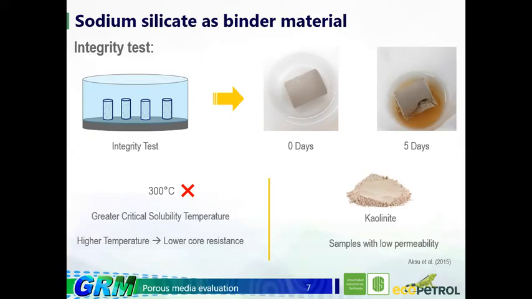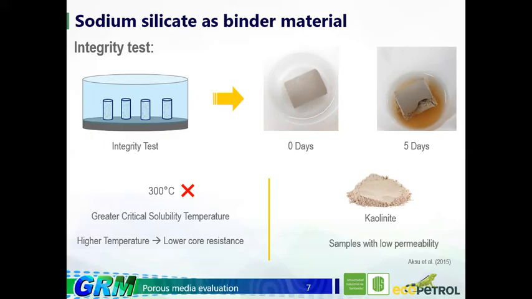However, a higher temperature could give a lower core resistance in the UCS test. In the literature, it was found that sometimes the use of kaolinite could help core resistance.